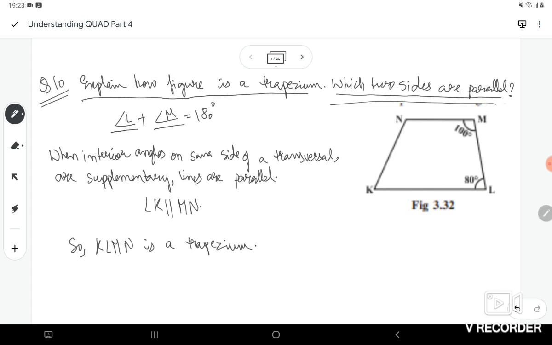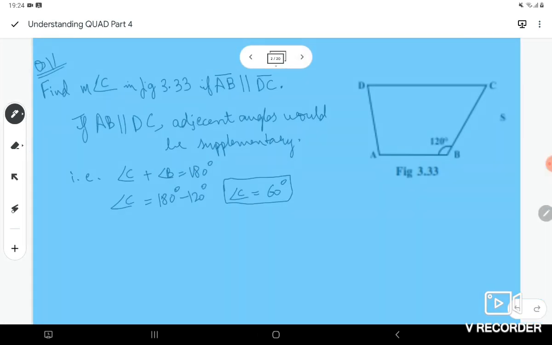So angle L plus angle M is equal to 180 degrees, and when interior angles on the same side of a transversal are supplementary, then the lines come out to be parallel and vice versa. So LK becomes parallel to MN, which is the definition of a trapezium, that one pair of sides should be parallel. So KLMN becomes a trapezium.